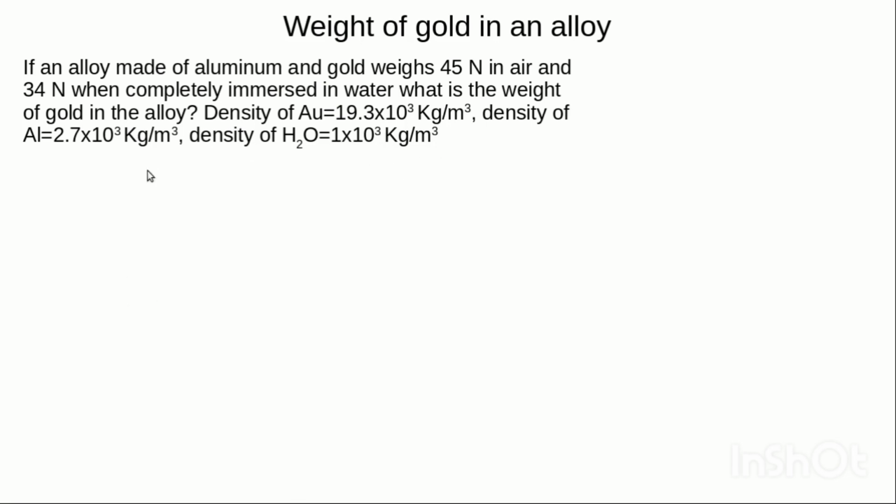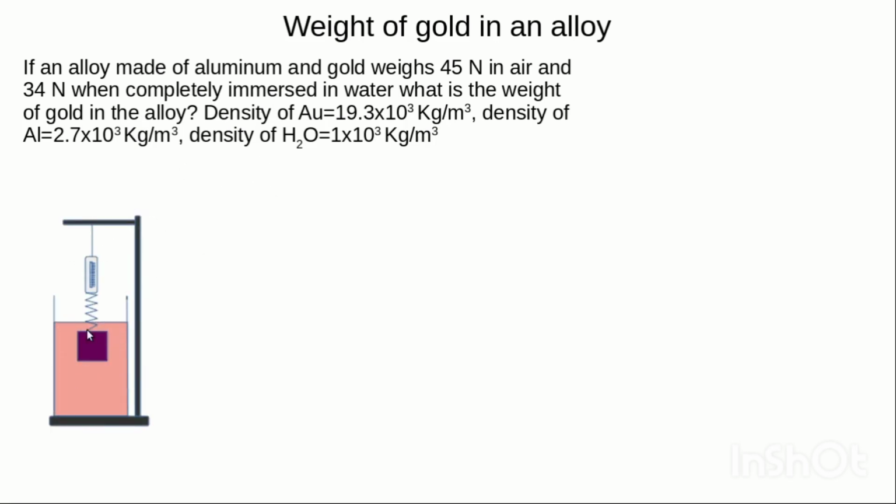To solve this problem, let's take a pictorial view of what this question is all about. We have the gold-aluminum alloy totally immersed in liquid, and this scale reads 34 Newton when it is totally immersed. But if it is not immersed in water, this scale will read 45 Newton.